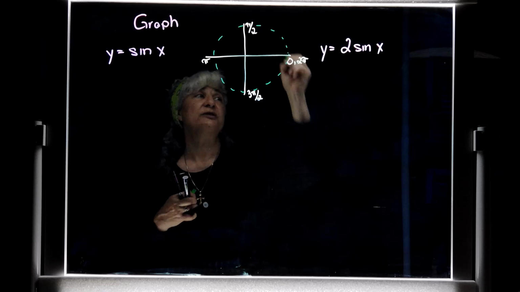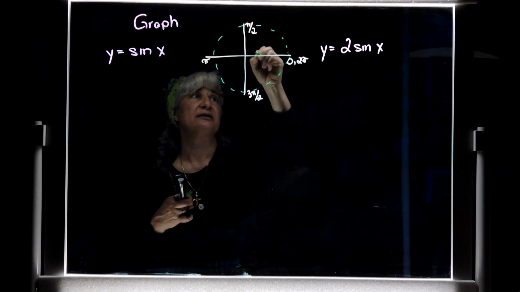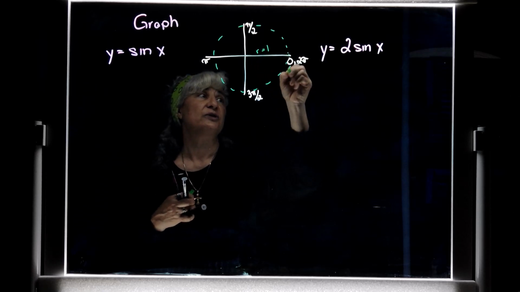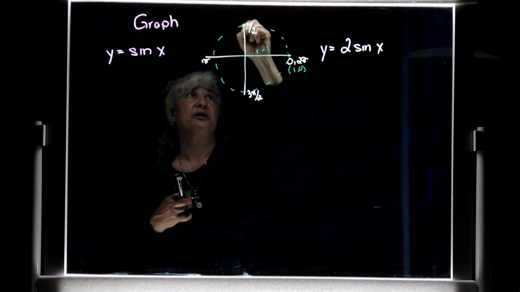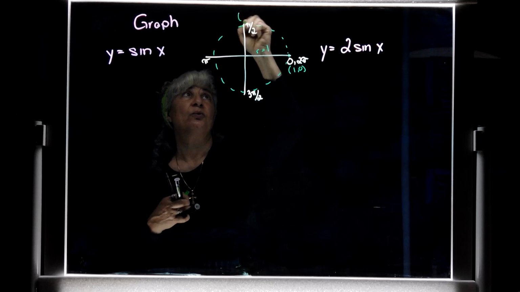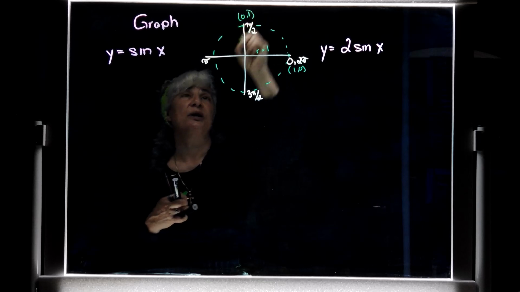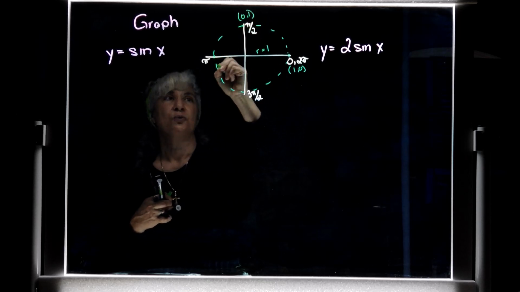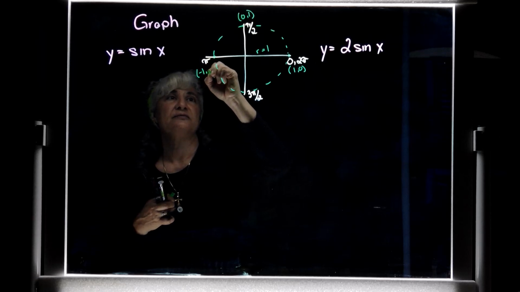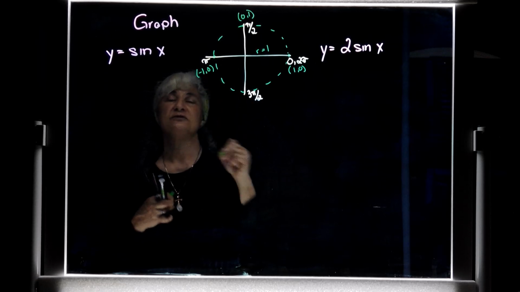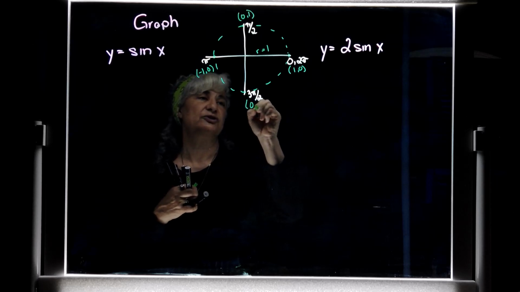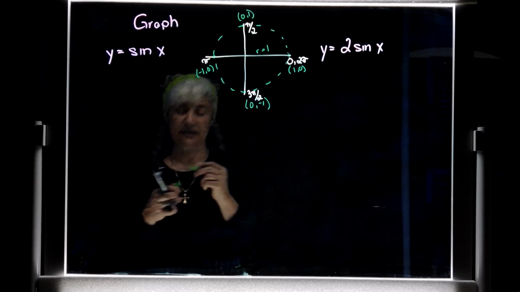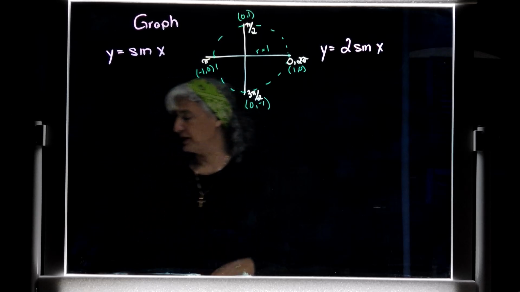Since it's a unit circle, that means the radius is equal to 1. So this is the point 1, 0. And then up here, we don't go left or right, but we go up 1. And out here, we just go to the left 1. Don't go up or down. And then back. Good? Okay.